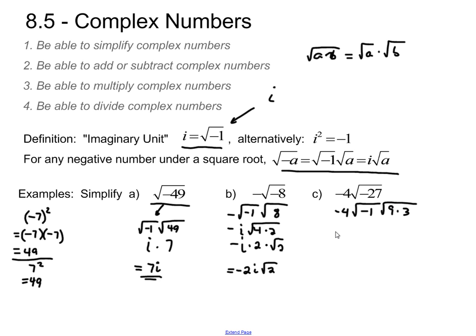So if we separate that out, we're going to have negative 4 times i from our square root of negative 1, times the square root of 9, which is 3, times whatever's left over in the radical, that's 3. Multiplying the pieces that we can multiply together, 4 times 3 is 12, so we're going to have negative 12i times the square root of 3 as our simplified form.